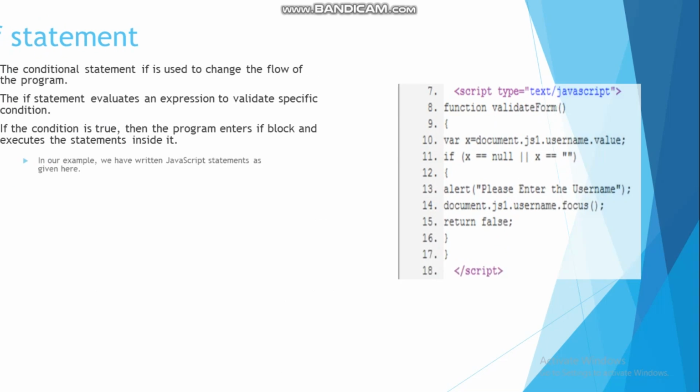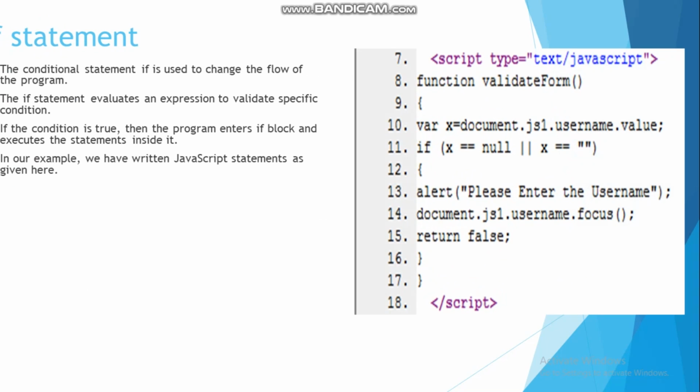We also discussed the if statement, and we saw one program also. So var is a keyword that is used to create a variable, actually to declare a variable. So we have given the statement var x is equal to document.js1.username.value. It means that it stores the data typed in username in the x variable, and then we are comparing it with null.